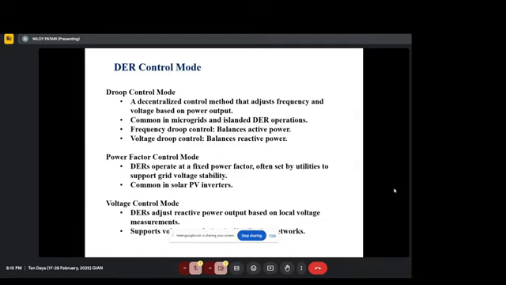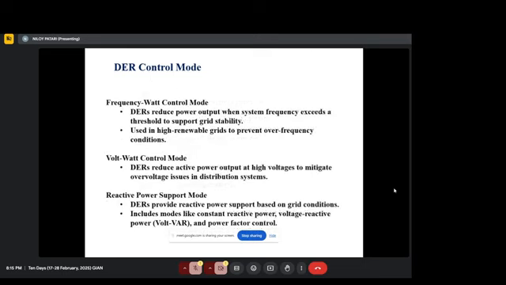You can find more details there, such as voltage ride-through, what the minimum voltage is that we have to allow, and all of that. Then we also have the frequency-watt control mode. These are different control modes which come with different configurations and are used in different situations.